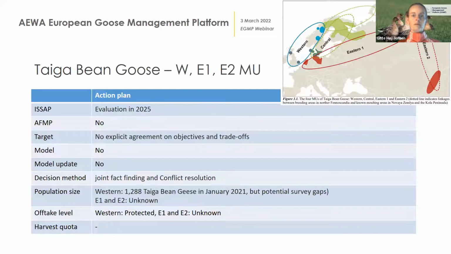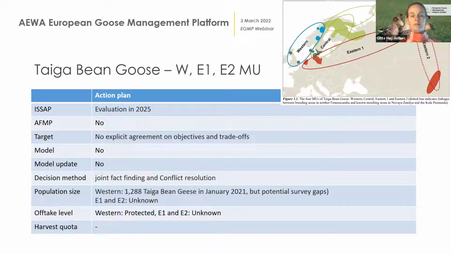For the Western and the 2 Eastern management units, the big issue here is that we're very limited in data. We don't have a target, we don't have any models. So we're really out in some joint fact finding here, particularly for the 2 Eastern management units. We do have some knowledge of the Western one, which were a bit more than 1,000 taiga bean geese during the last survey.